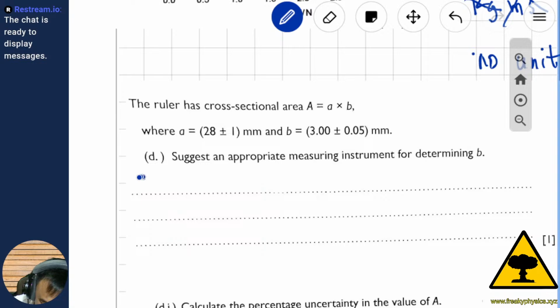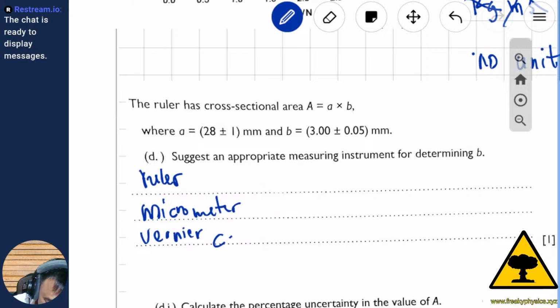So the idea here is for small lengths, there are usually three instruments we use. We have a ruler, a micrometer, and a vernier caliper. A ruler can do up to 0.1 cm or 1 millimeter.